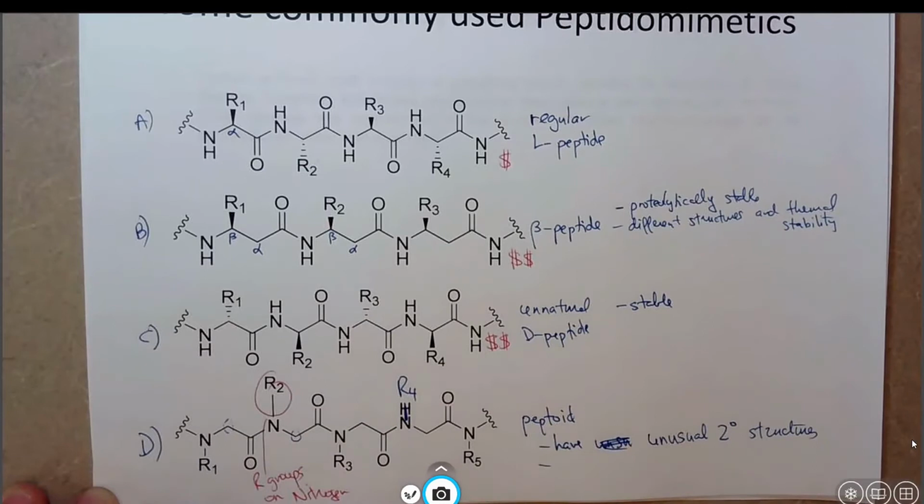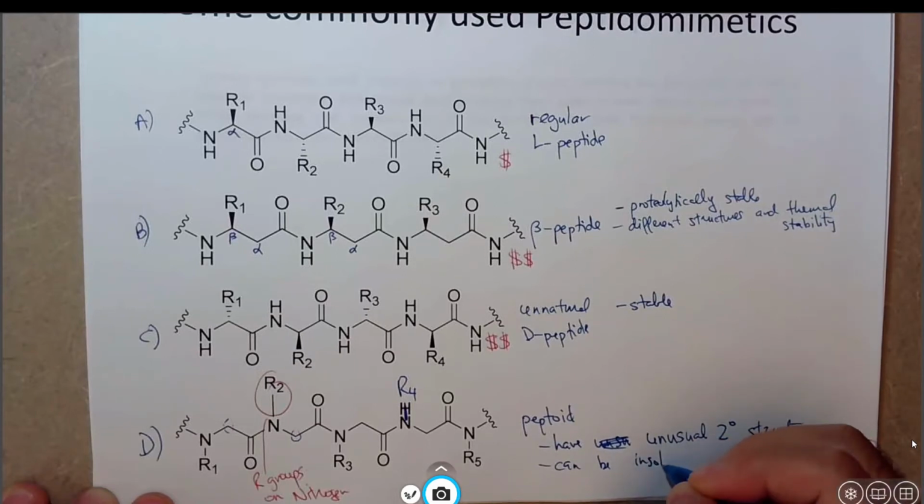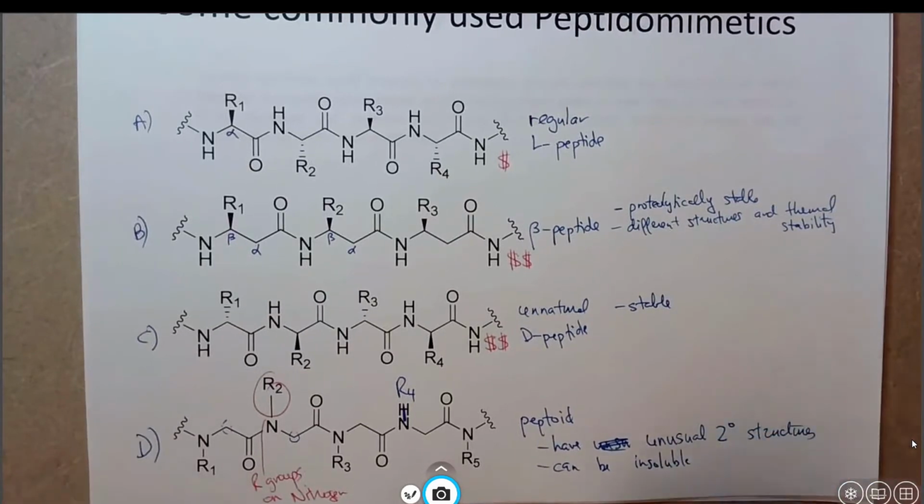So peptoids often can have problems with solubility, especially if your R groups, R1, R2, R3 are quite hydrophobic. So they can be insoluble. So this can sometimes pose some challenges if you're trying to do experiments in aqueous solution.